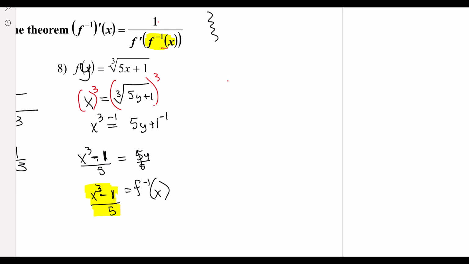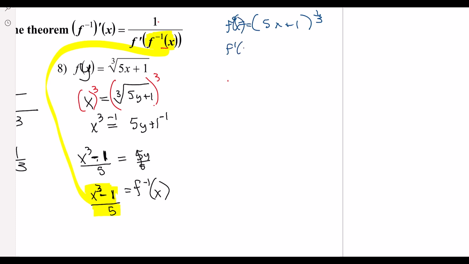And then when there's an x in the derivative, that right there is going to get plugged in wherever there's an x. So now we have to find the derivative. So I'm going to come up here and find the derivative. I'm going to write this to the 1/3. Instead of the cube root, I'll write the expression 5x plus 1 to the 1/3. And when we find the derivative, it's 1/3 times, this is the chain rule, times all of that stuff. 1/3 subtract 1 is negative 2/3, and then that will go in the denominator.